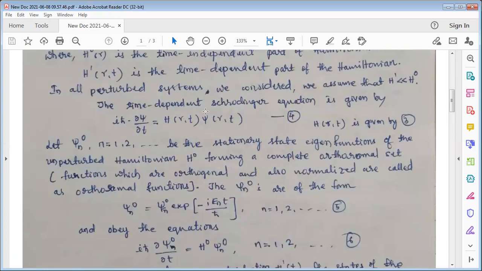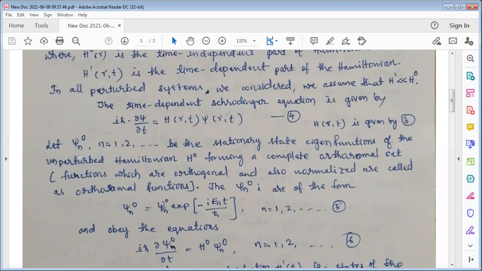Then the time dependent Schrodinger equation is given by i h cross dou psi by dou t is equal to H of r comma t psi of r comma t, where this Hamiltonian H of r comma t is given by equation 3.